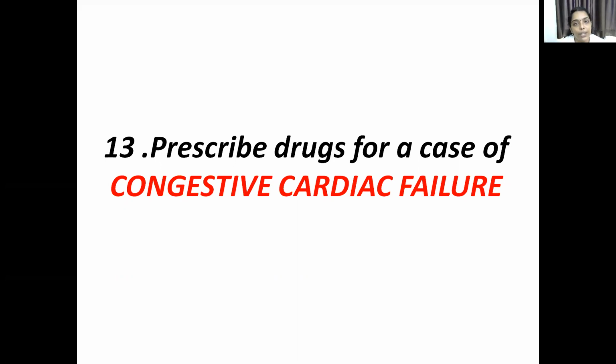Because of pulmonary congestion, there will be dyspnea, cyanosis and cough. Because of peripheral congestion, there will be generalized edema in the body and ascites, distension of jugular veins, and tachycardia. Because of hepatic congestion, there will be an enlarged liver, anorexia, nausea and vomiting.